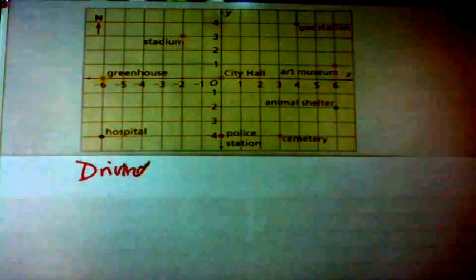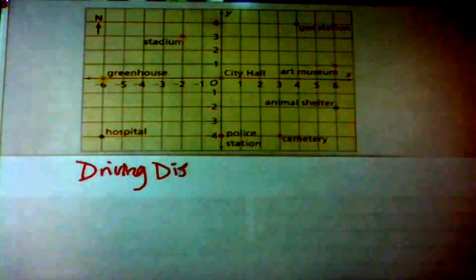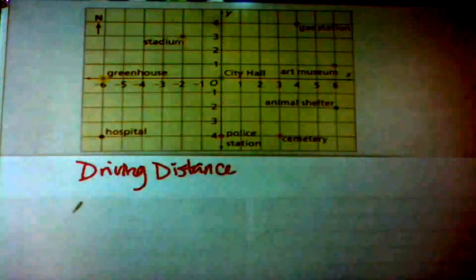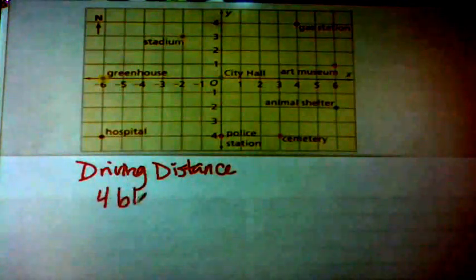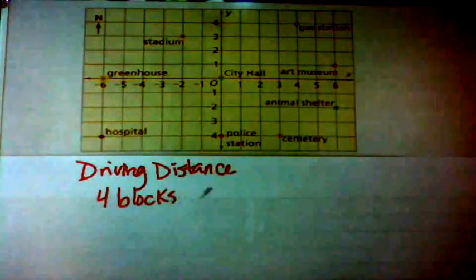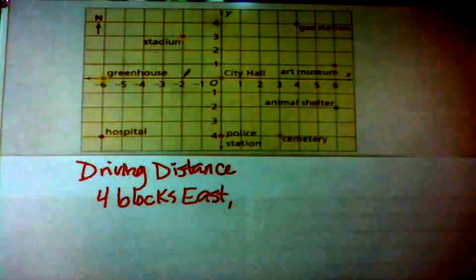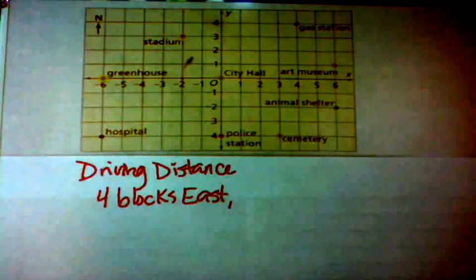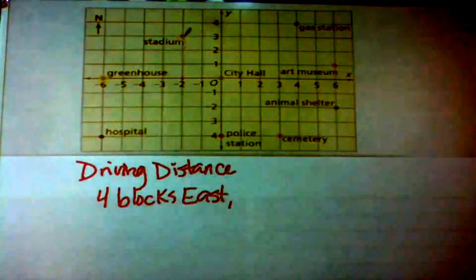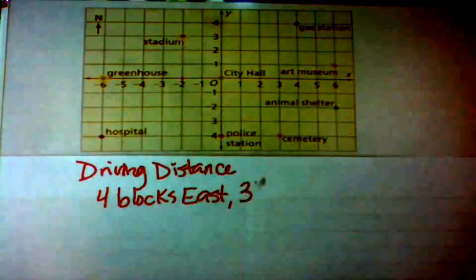So I'm going to write this down. Driving distance. We're going to go 4 blocks east. And then, once we're 4 blocks east, we're right here, we are going to go 1, 2, 3 blocks north.